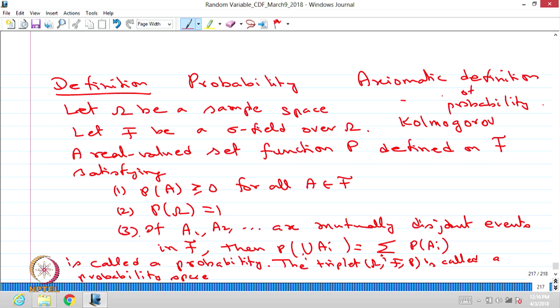And this definition is valid for whatever situation you have for a random experiment. Whereas there is a classical definition of probability, which is a special case of the axiomatic definition of probability, that we are going to discuss after a few more examples.